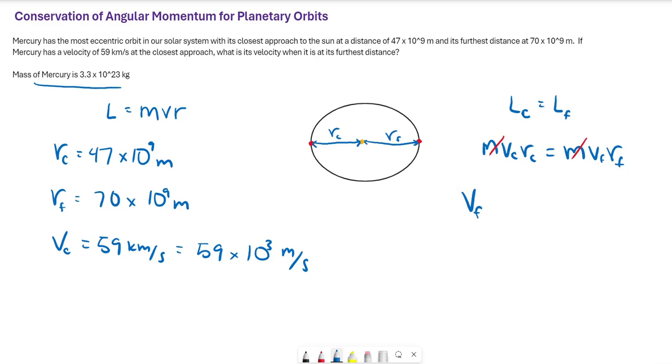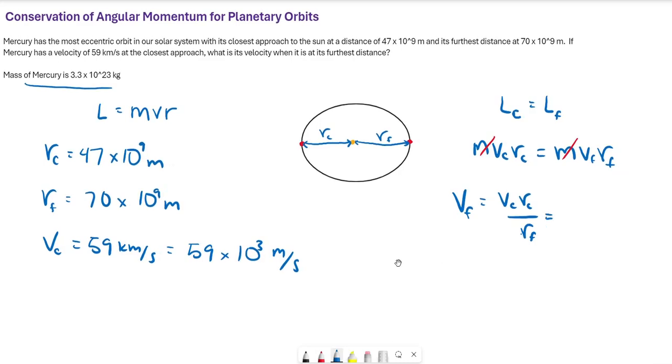VF, the velocity at the furthest distance, is going to equal VC RC divided by RF. And now we can just plug in the values. That's going to be 59 times 10 to the 3 meters per second, times 47 times 10 to the 9 meters, divided by 70 times 10 to the 9 meters.